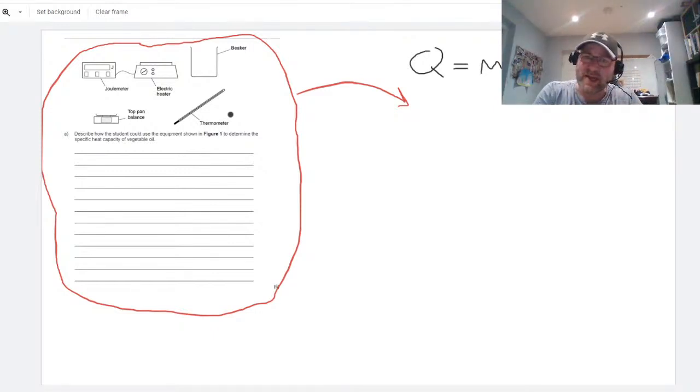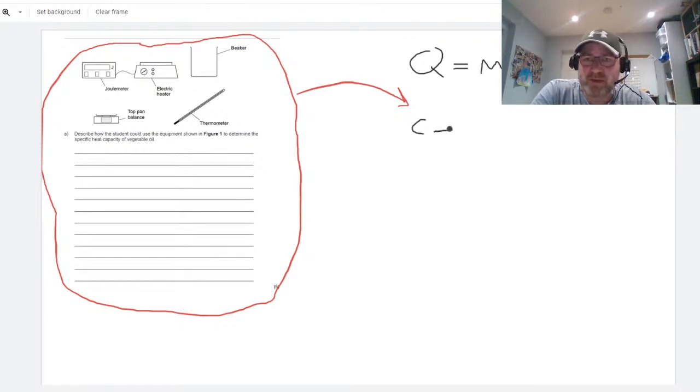The joule meter measures the energy. The thermometer measures the change in temperature, start and finish. So you measure the start temperature before you switch the heater on. Then you switch the heater on and leave it for like 2 minutes, 5 minutes, 10 minutes, it's up to you. You then measure the change in temperature, and record from the joule meter the amount of energy transferred. Then you rearrange the equation, which is going to get you a mark.